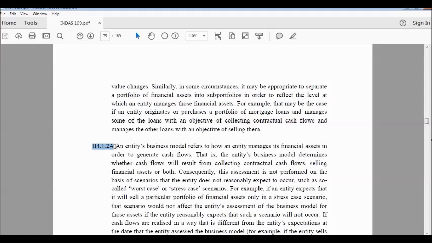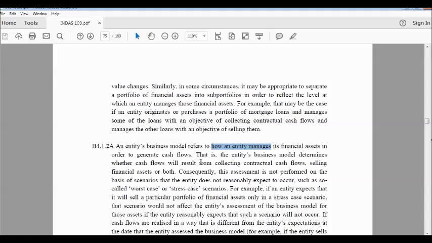Para B4.1.2 says that an entity's business model refers to how an entity manages its financial assets in order to generate cash flows. So how the entity manages its financial asset so that it can generate the cash flow is referred to as the business model. So what exactly is the motive of the company to hold the financial asset?